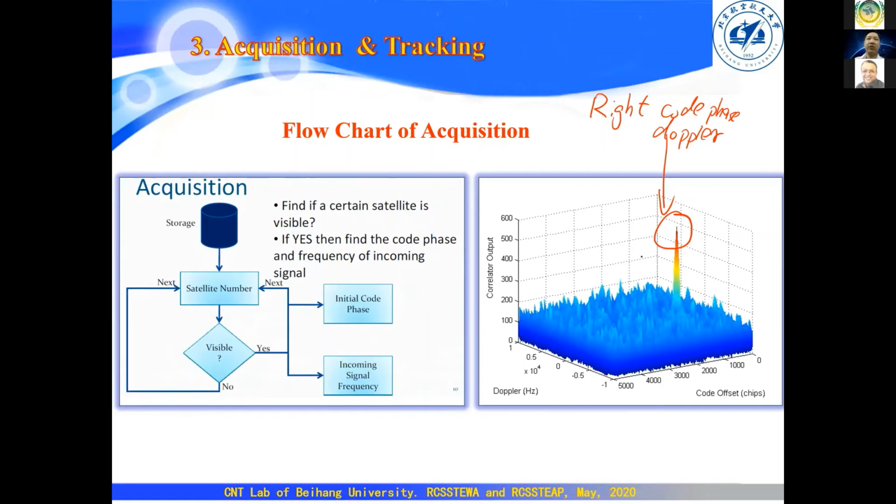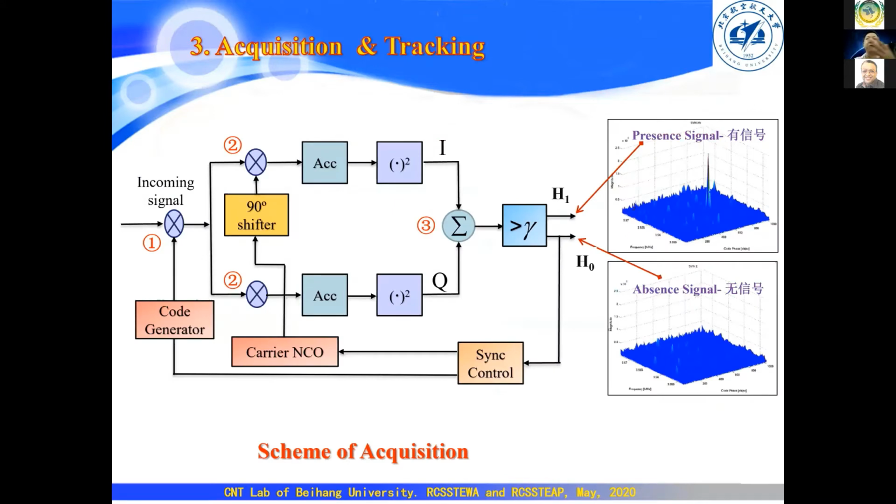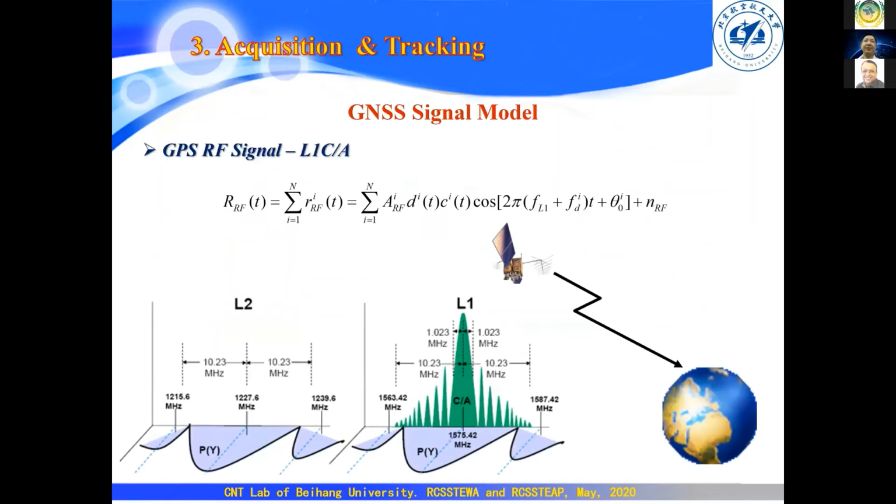Acquisition is trying to find this peak. If there is no signal, you will see something noisy like this, but if there is a signal, you will see the peak. This is how to find the satellite.